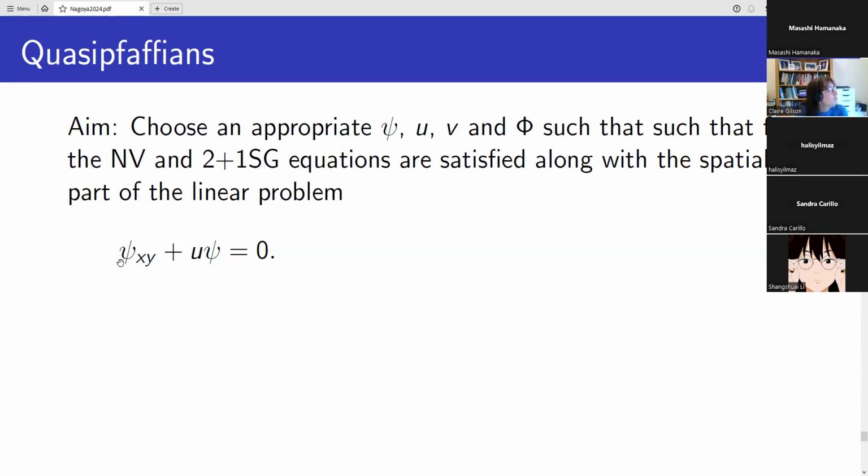So calculating psi_xy, I think the linear problem is going to have to be more complicated, with a psi_x term with some coefficient and a psi_y term with some coefficient, as well as the u times psi term. So I have it here, but I can't show you exactly what you get. It's work in progress.